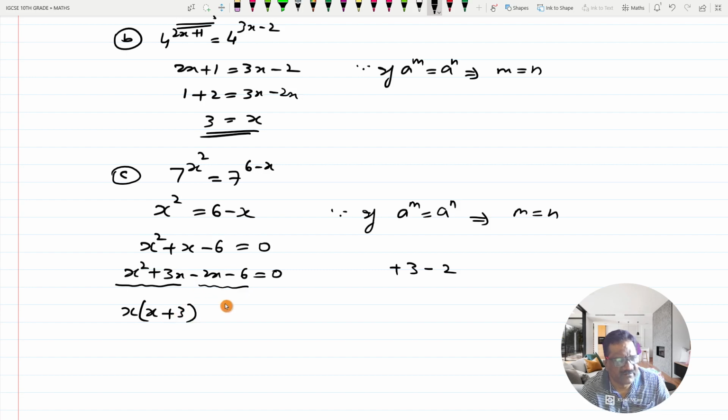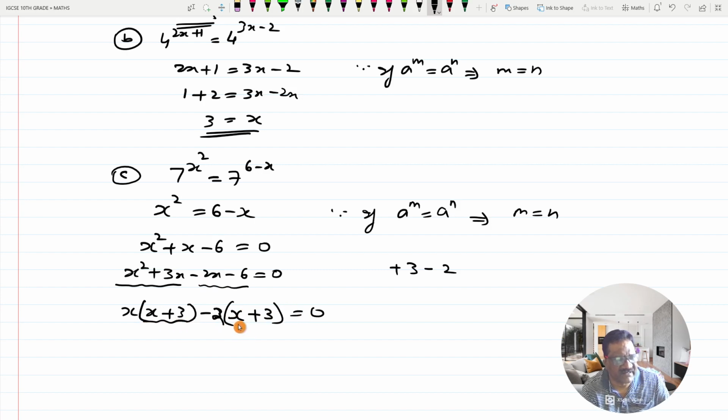From here, if you take minus 2 as common, you'll be left with x, because minus 2 into x is minus 2x, and here it will be plus 3 equal to 0.